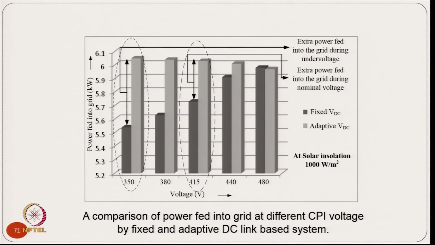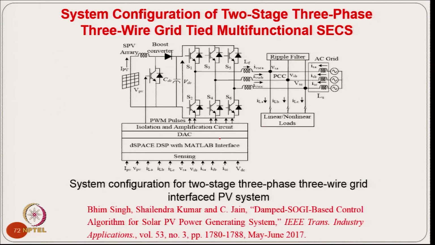Now this is the concept with adaptive DC link voltage, that we are able to get a little more generation, around 6 kilowatt in place of 5.52 kilowatt. So that much reduction in the losses compared to the fixed DC link voltage we are able to get with adaptive DC link voltage.